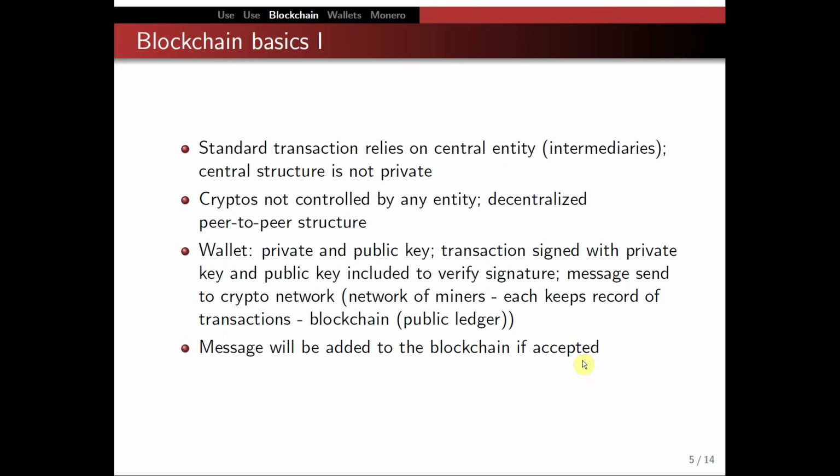So what happens is a message is sent to the network, and so the network is basically this decentralized network of miners that try to verify the transaction. And this information, basically, when it comes to the network of the miners and the record keeping of it, is actually what you might call the blockchain.